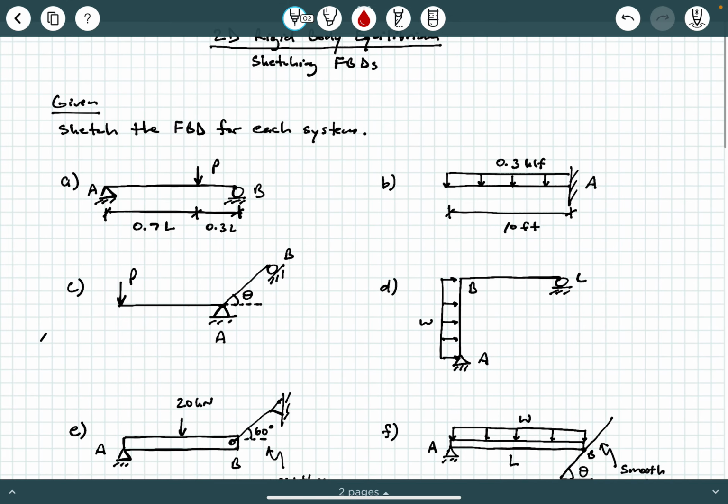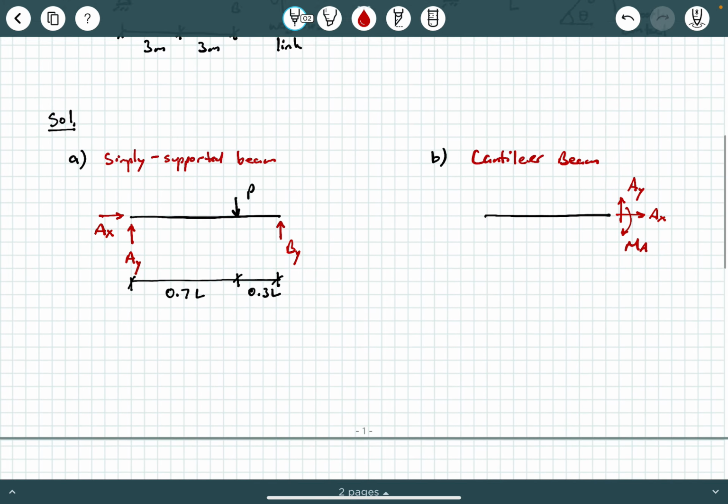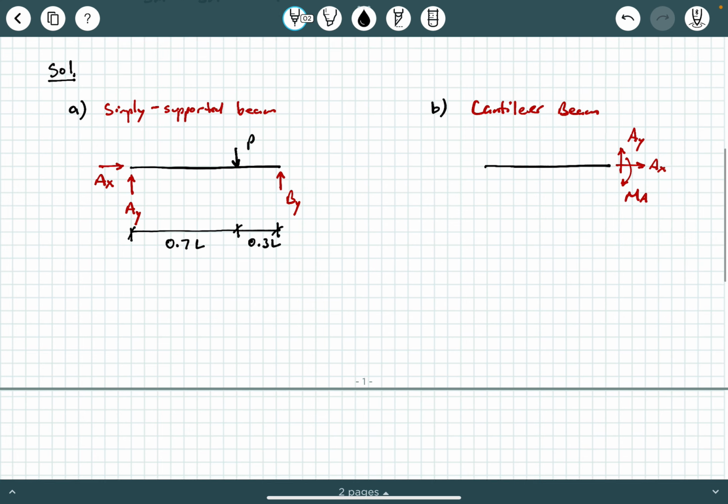And then we also need to include on there the known values. So we know that there's a uniform load here given to us as 0.3 KLF. And we also know the length of this beam is 10 feet. And that is the solution to part B.